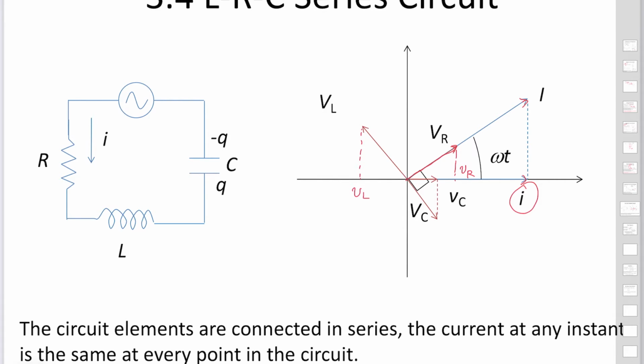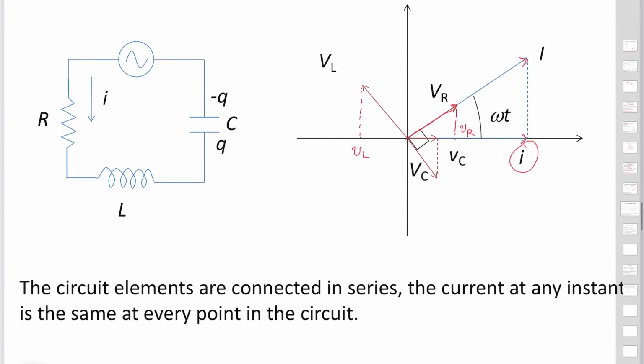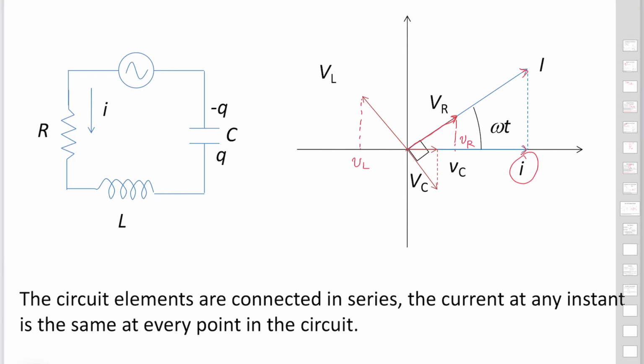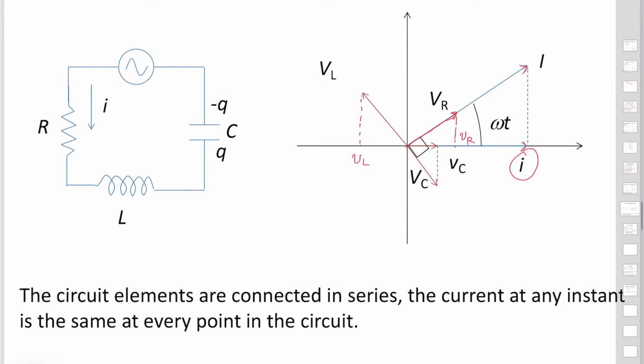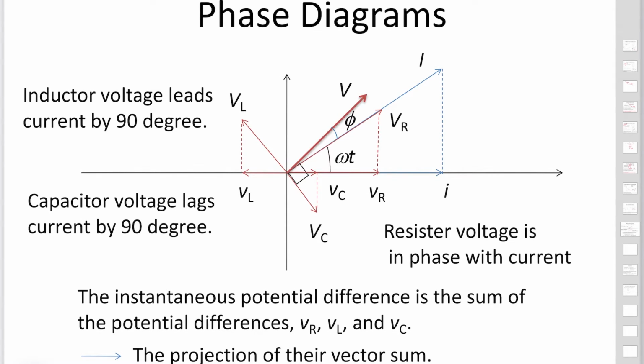Circuit elements are connected in series. The current at any instant is the same at every point in the circuit. We'd like to find the total voltage in this circuit using the phasor diagram.